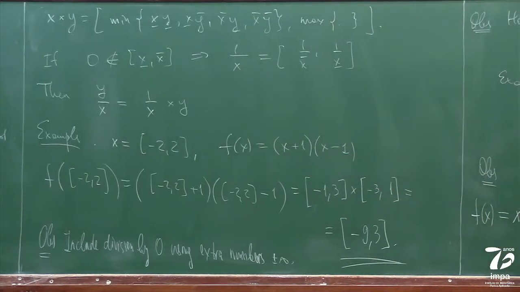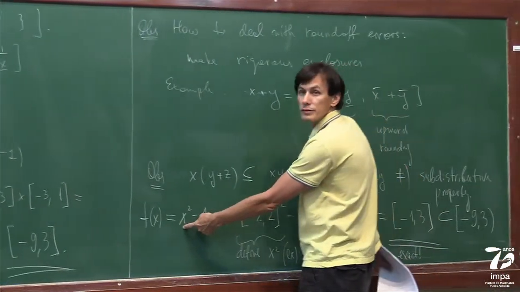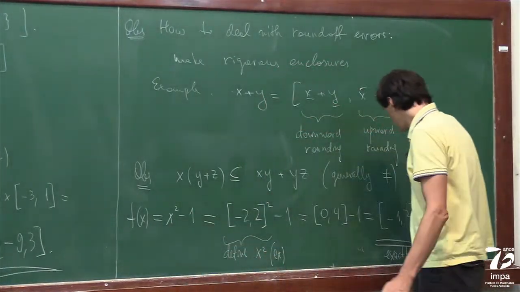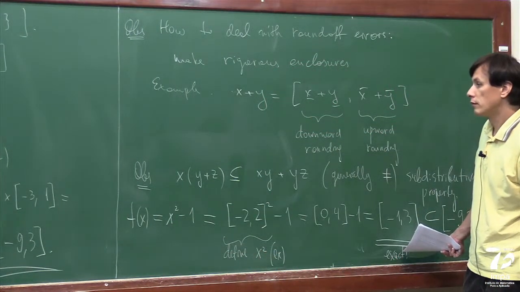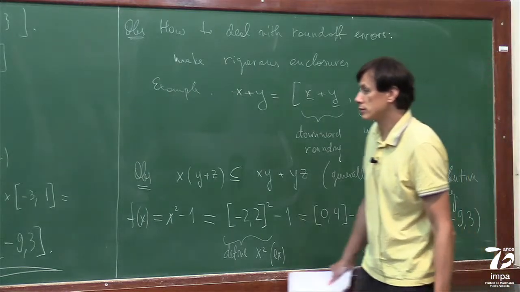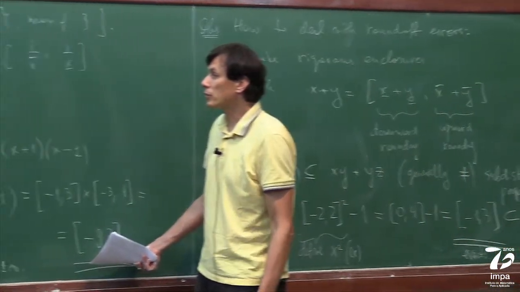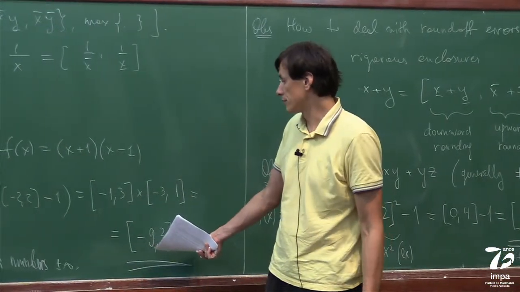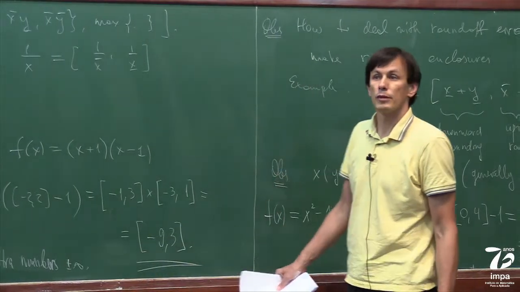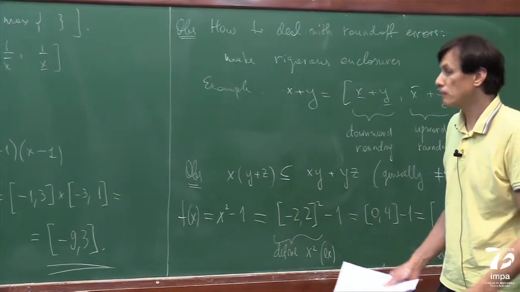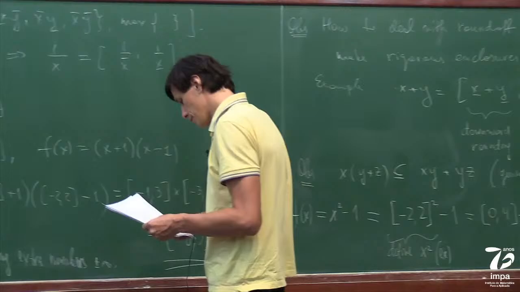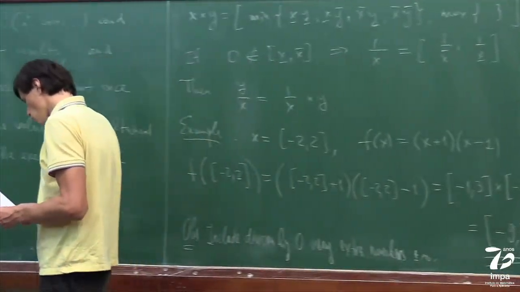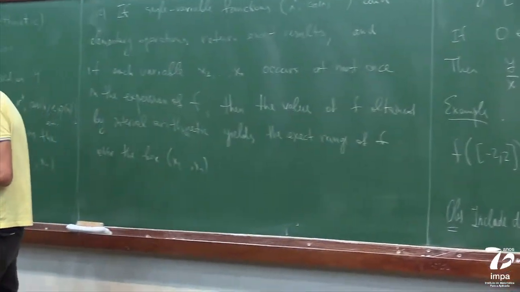And if we compute with this expression, x only appears once. And that's why this was an exact result, and this was still correct because it still contains the range, but it will be much less accurate. So that's essentially the idea.